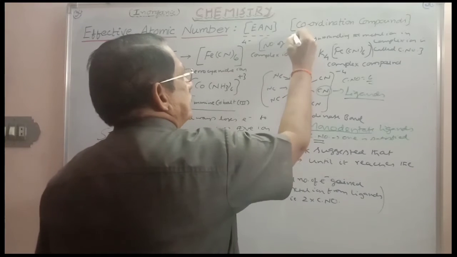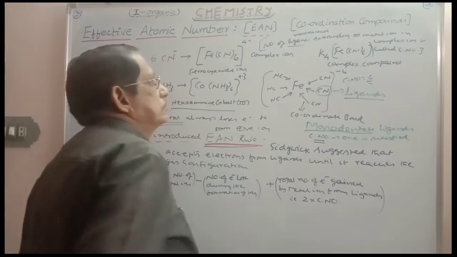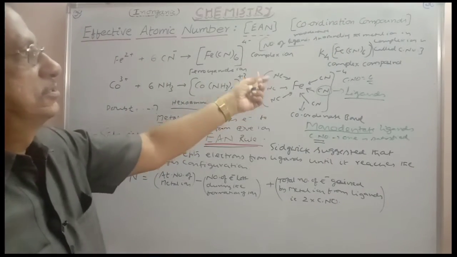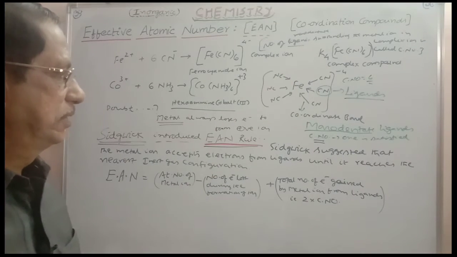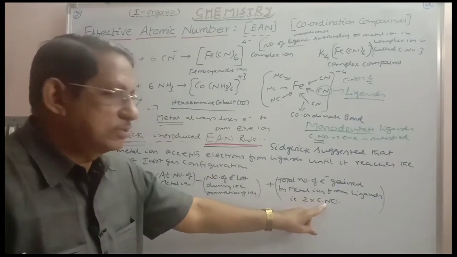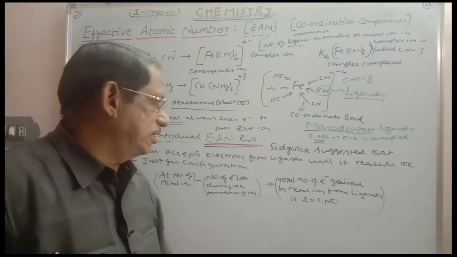Here, ligands means always you have to take monodentate. And that coordination number, into every coordination number involving 2 electrons, 2 into coordination number is equal to the total number of electrons gained by each.